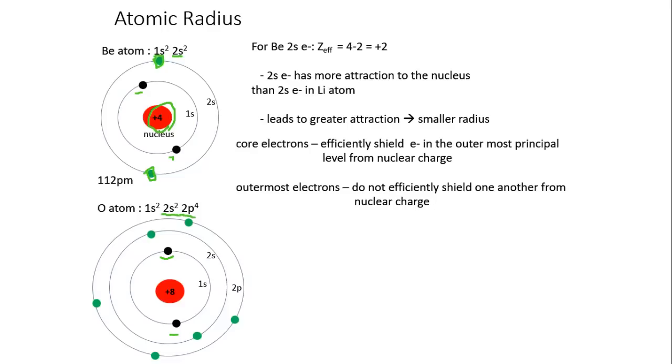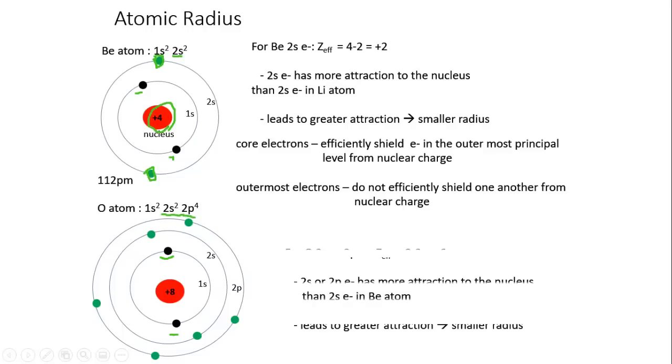So since we have 6 outer electrons and 2 inner electrons, the effective nuclear charge increases. Now those outer electrons feel a +6 charge from the nucleus. Greater effective nuclear charge shrinks the radius because those electrons are more tightly held to the nucleus. Oxygen has a radius of about 73 picometers because again, more valence electrons, less shielding, greater effective nuclear charge, smaller atomic radius.